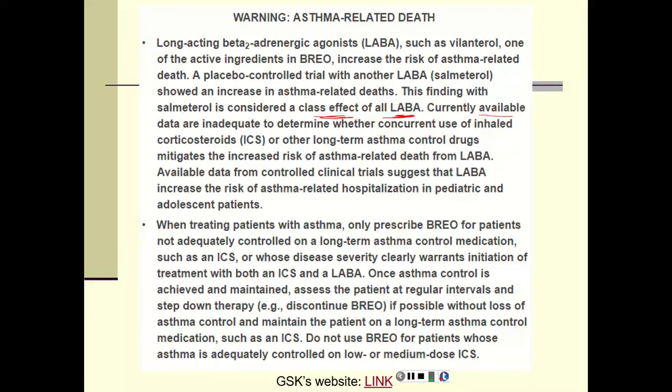Currently available data are inadequate to determine whether the concurrent use, that means two drugs used simultaneously, of inhaled corticosteroids, ICSs, with other long-term asthma control drugs mitigates the risks of asthma-related deaths with LABA.